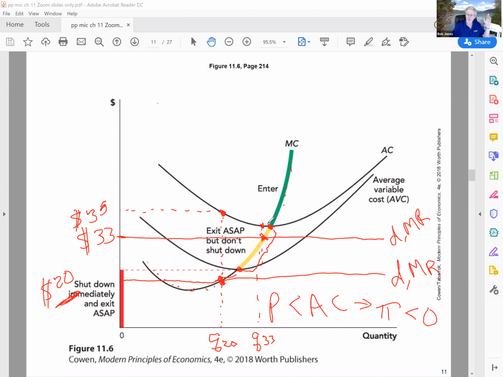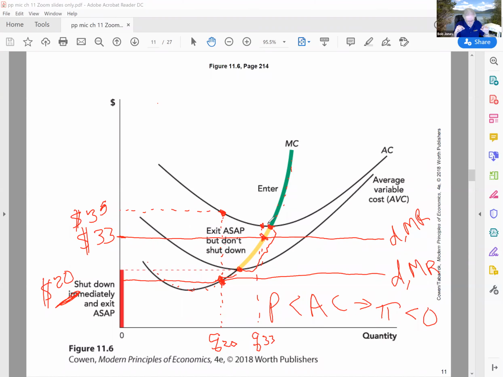Should he continue producing? Well, the concise answer would be, if he believes that these conditions are going to continue in the future, then he will choose to just go out of business. But what if he believes this is temporary and he thinks the price is going to go up in the future? Under those conditions, he doesn't want to go out of business. He wants to stay in business, even though he's going to be losing money.